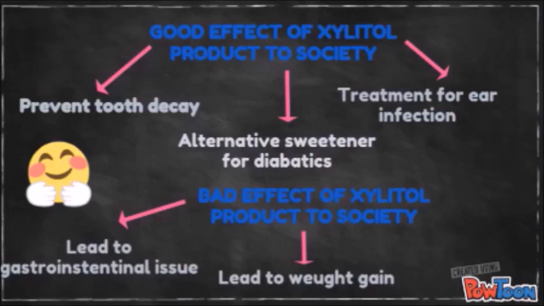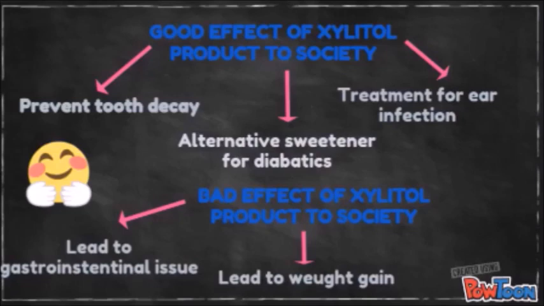Second, it is used as alternative sweetener for diabetic patient because it only contains 2.4 kcal per gram and the sweetness can be compared to the sucrose. And lastly, the good effect of xylitol product is it can be the treatment for the ear infection.